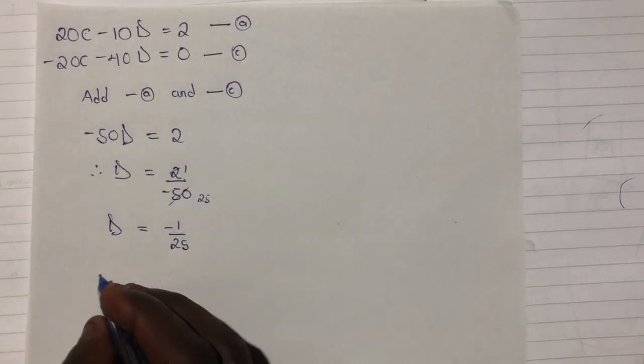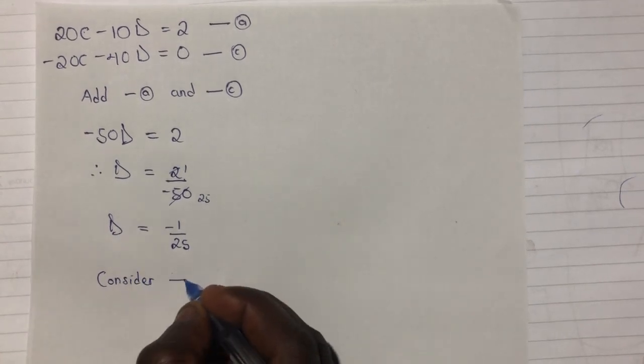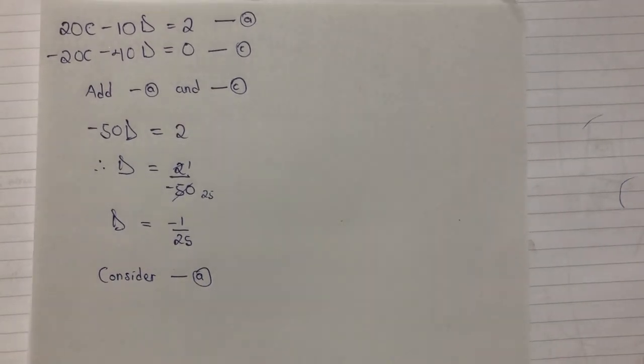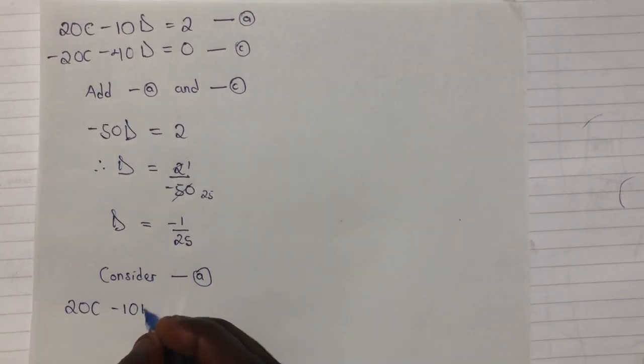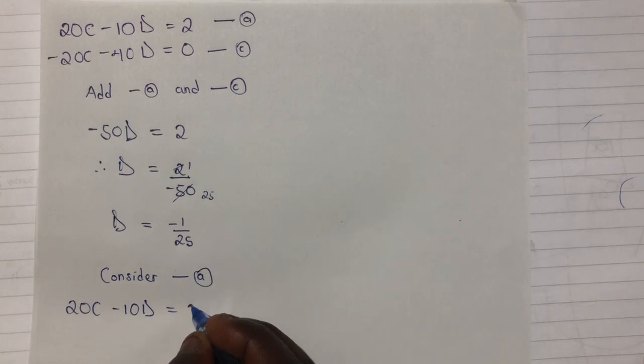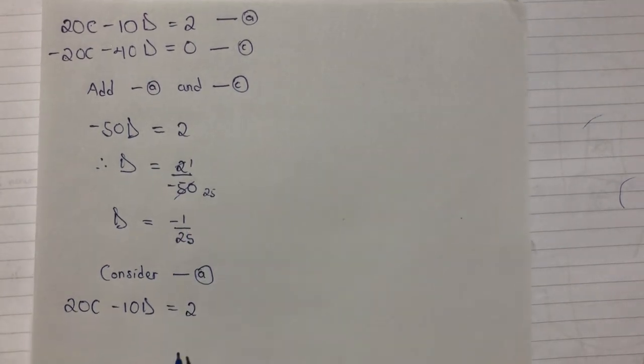So let's consider equation A. So A is 20C minus 10D equals 2. Wherever I see D, I'll substitute this one.